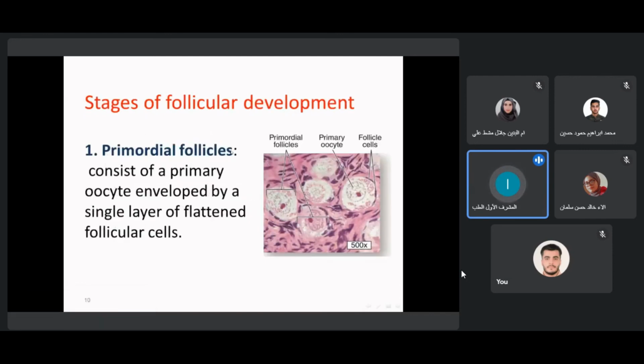The first stage of follicular development: the primordial follicles, which are present from intrauterine life within the ovaries, will start to develop under FSH at puberty.